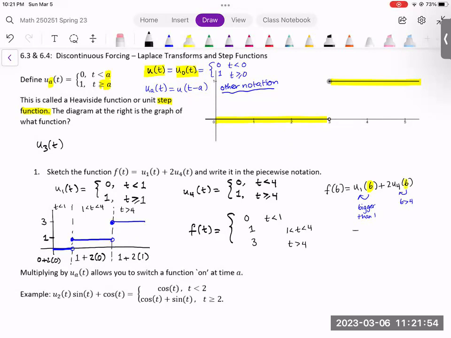And so this gives us 1 plus 2. So anytime you're asked to evaluate one of these, you just plug in your t value and ask, is my t value bigger than this switch point? Great. Let's look at another example.